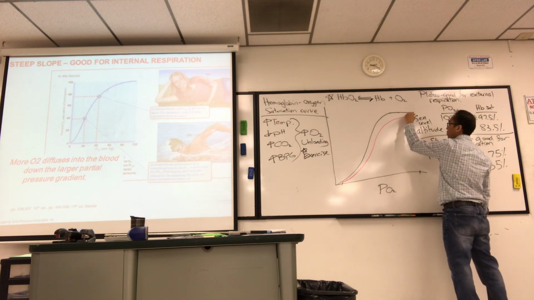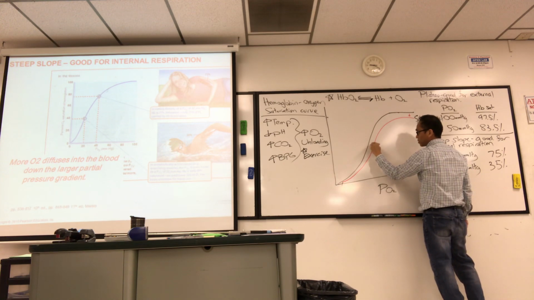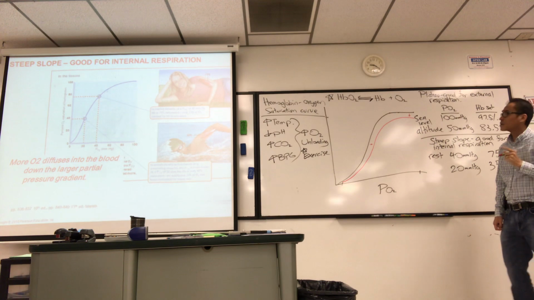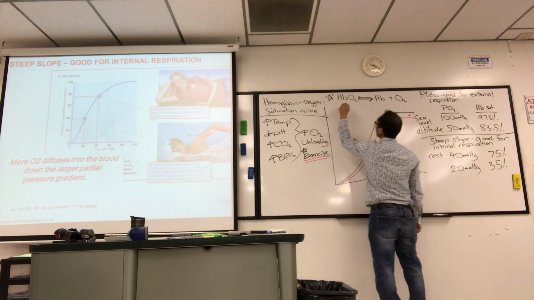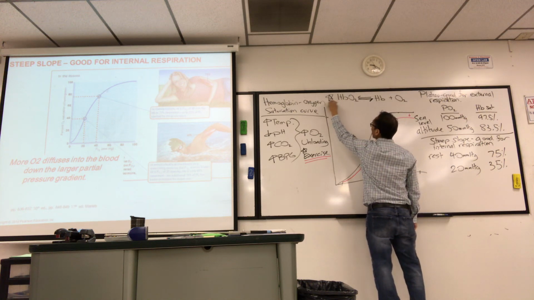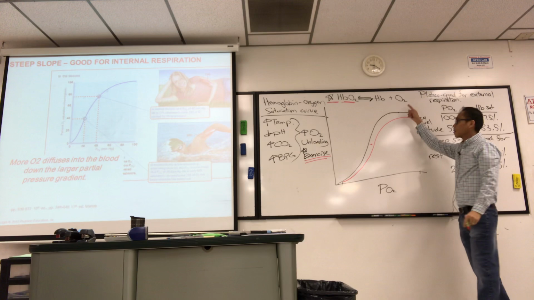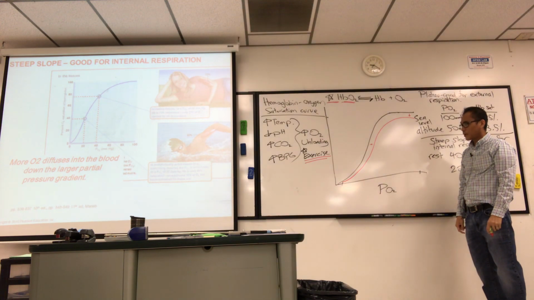It shifted down over here, but for most of the curve, it shifted to the right. This is the effect of exercise. You facilitate more O2 unloading. You shift the curve to the right. And that's a very important concept I want you to know.